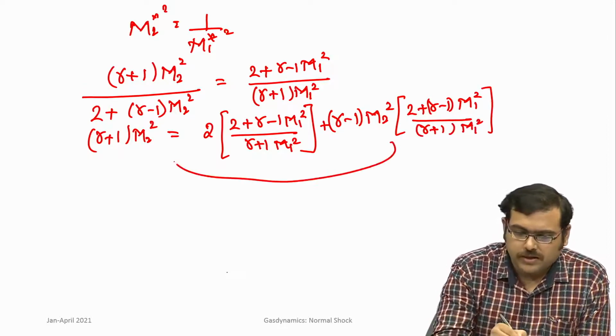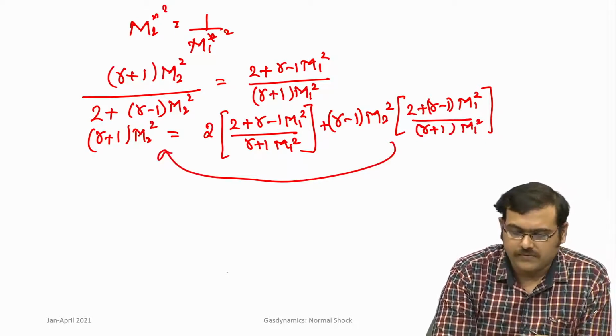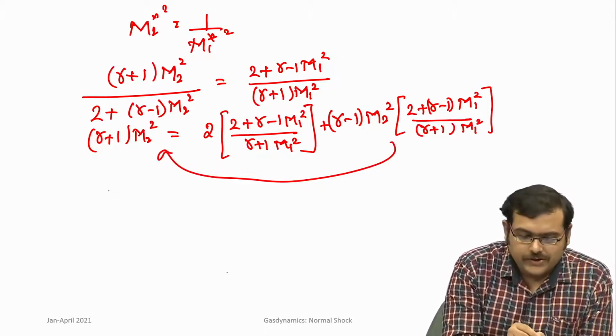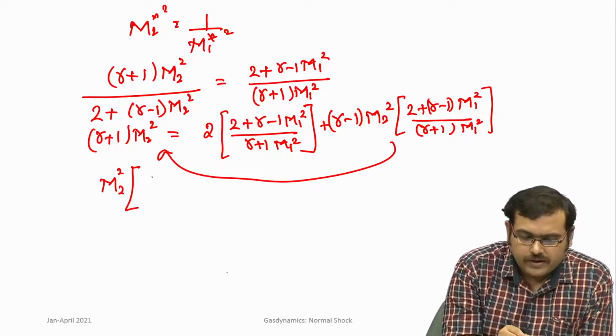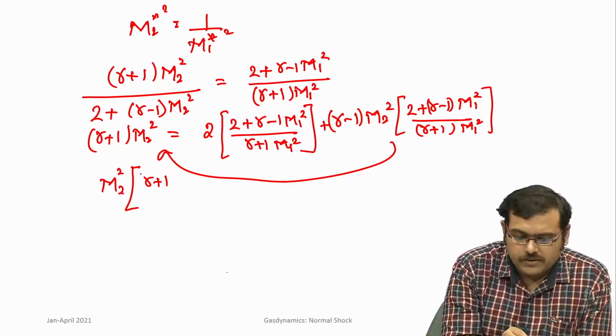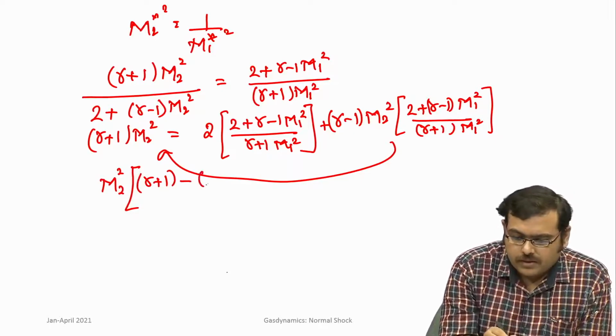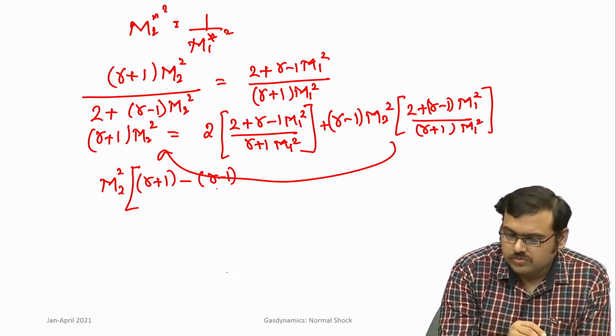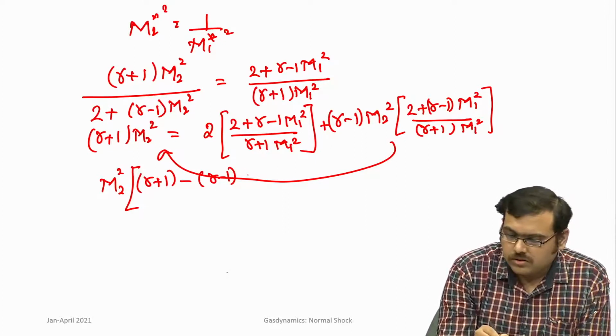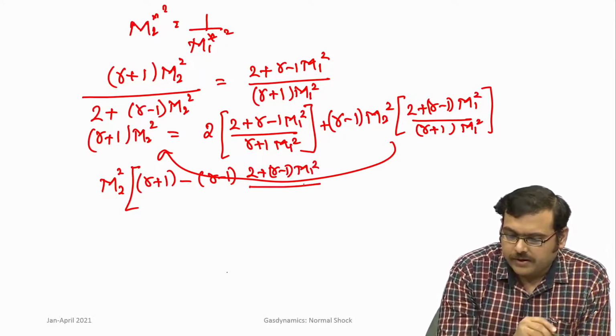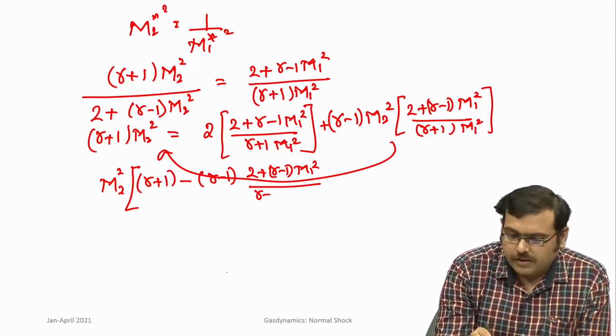This term can be taken over to the left hand side, and then you can take the common term out, which is m2 square, and you have gamma plus 1 minus gamma minus 1 times 2 plus gamma minus 1 m1 square divided by gamma plus 1 m1 square.